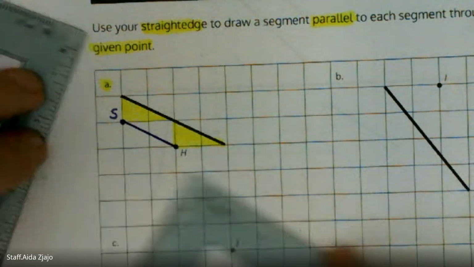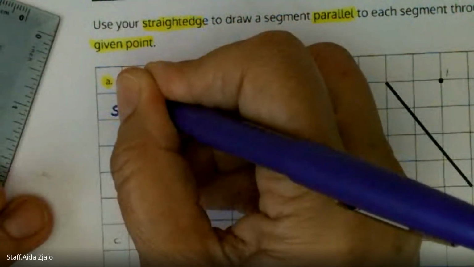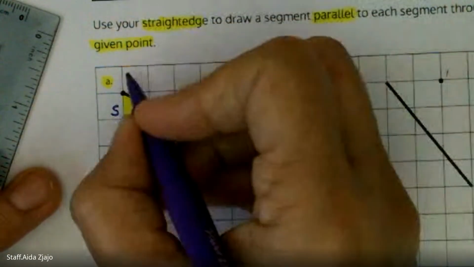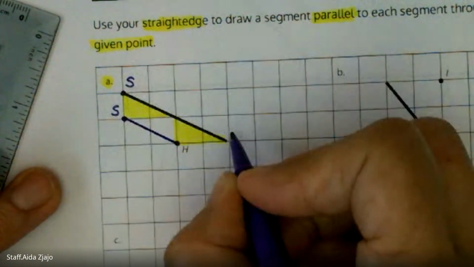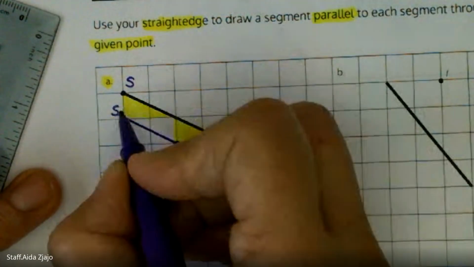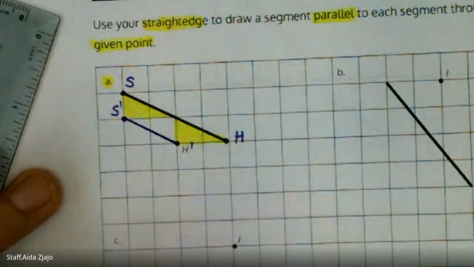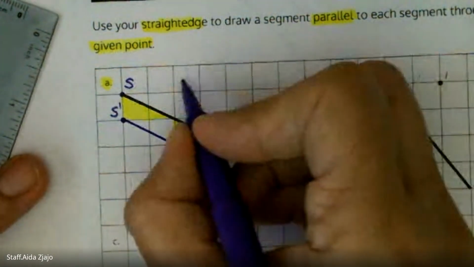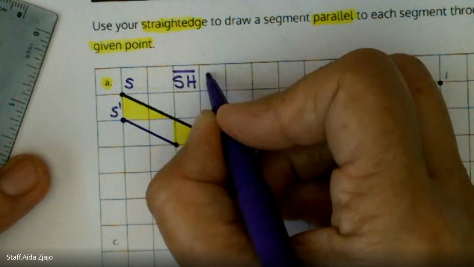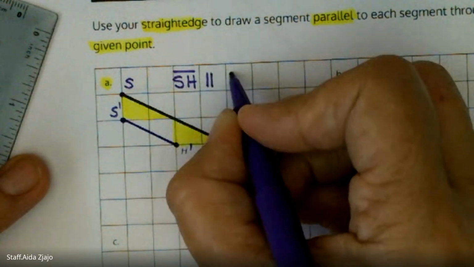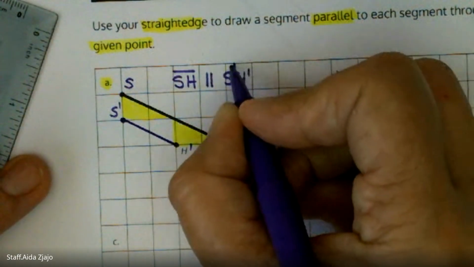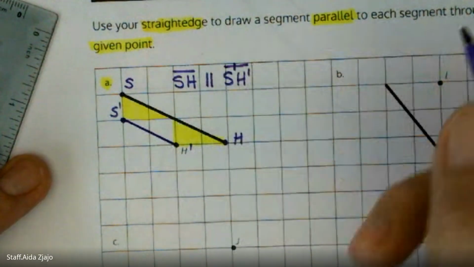So that means that if I label this one here, let's do original S and then original H, and then this could be a copy, like one line. So I can say that line segment SH is parallel to line segment S copy H copy.